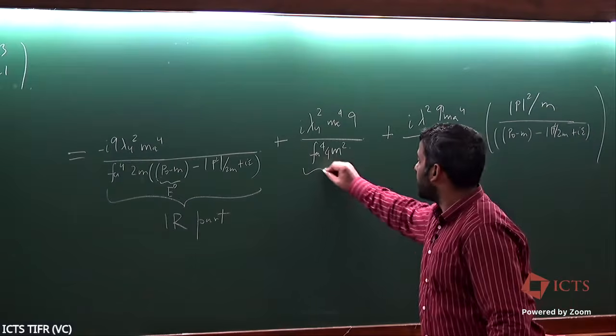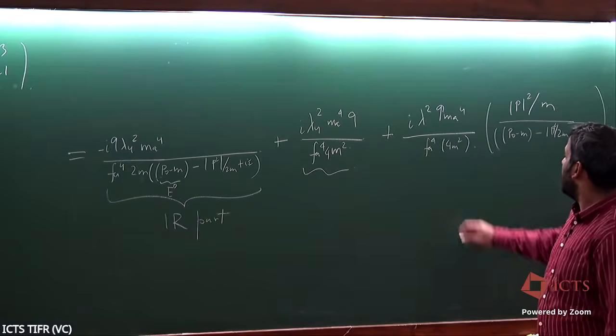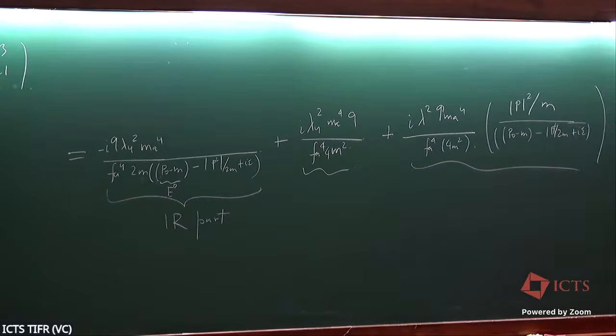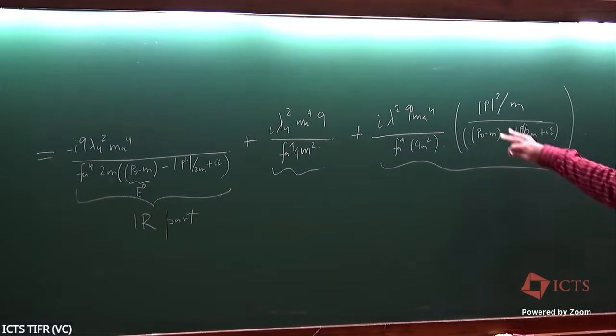This is some contact interaction term. And what is this? This has a derivative coupling. So this means in order to properly do the calculations, if I'm doing it at finite momentum or something, I would need to include another coupling into my EFT, which will be the derivative coupling accounting for a psi star, psi del square, psi dagger type of operator.